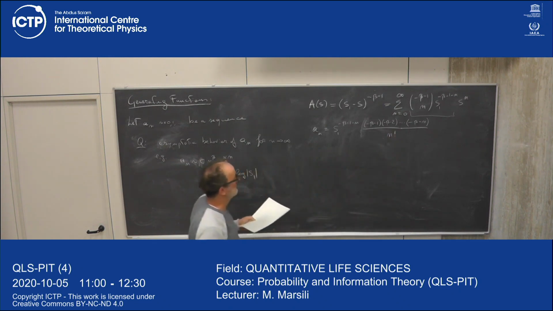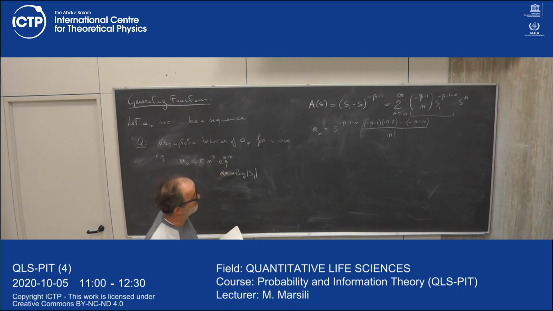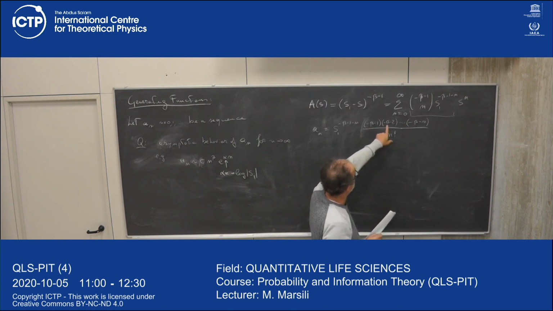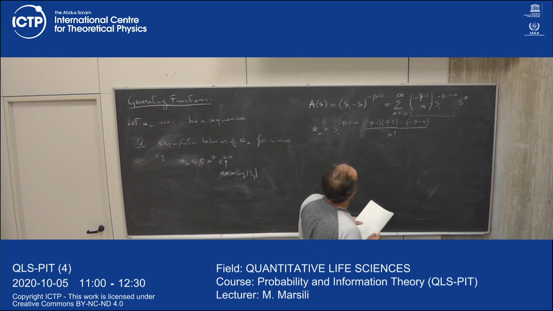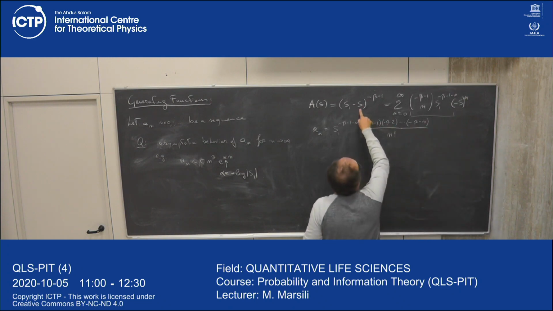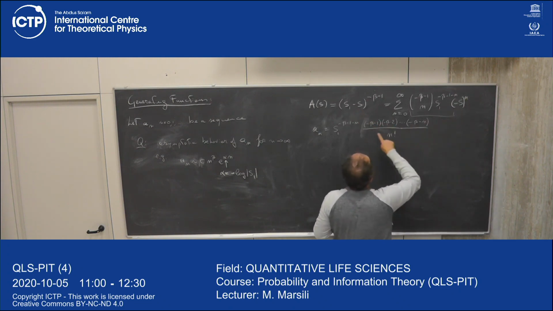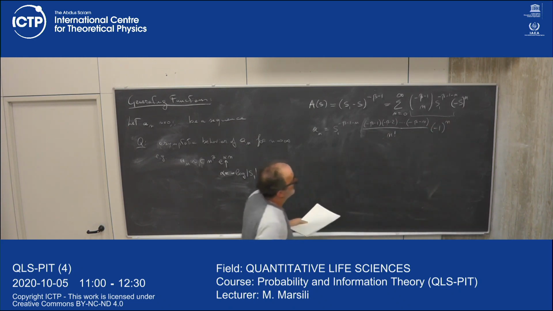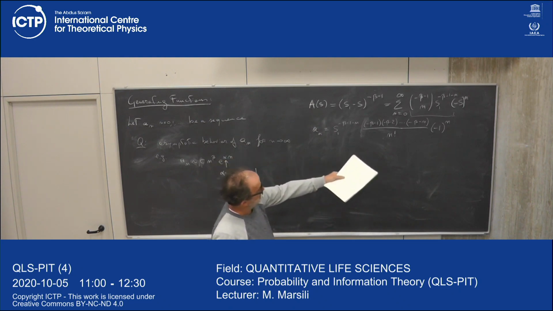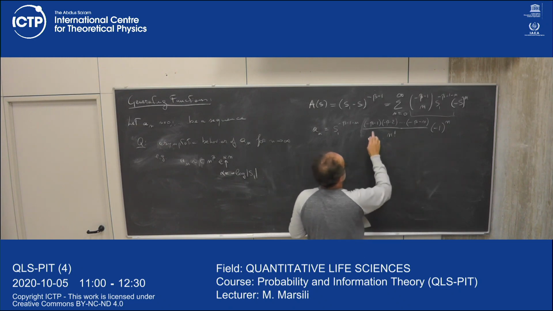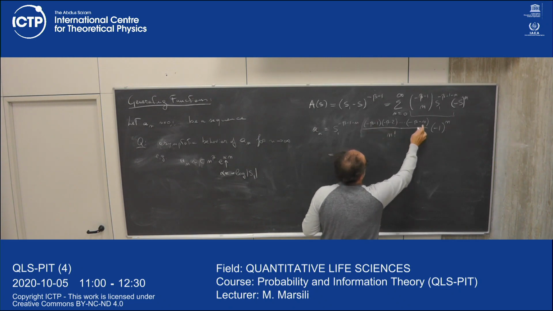Okay, so this is just the definition of the binomial coefficient. Here I can take a factor of minus 1 to the n, because this is minus S. So I take this factor minus 1 to the n and change all these signs, and so I get beta plus 1 times beta plus 2 up to beta plus n.